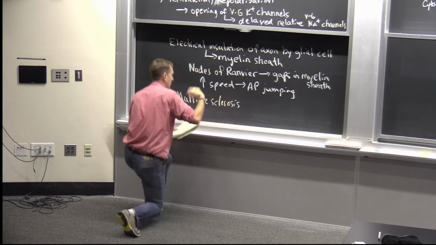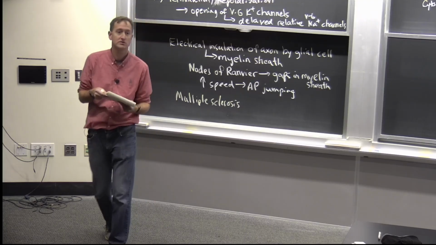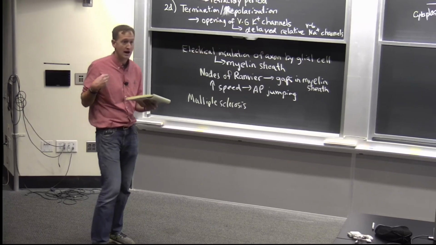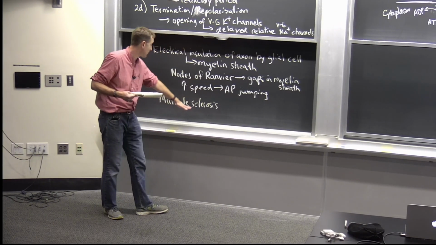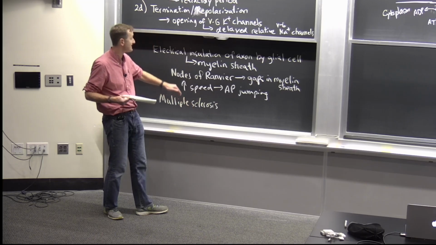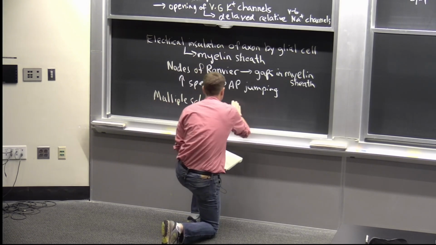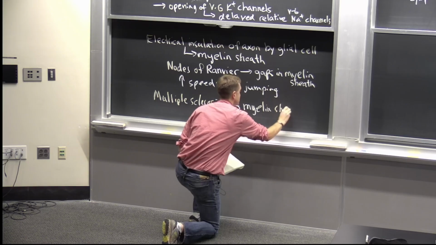So we're going to unpack multiple sclerosis in a couple lectures. This is an autoimmune disorder. And so we're going to talk about immunity later in the semester, and we'll talk about how that happens. But for now, I just want to point out that multiple sclerosis happens when the immune system attacks this myelin sheath. So in multiple sclerosis, the myelin sheath is damaged.